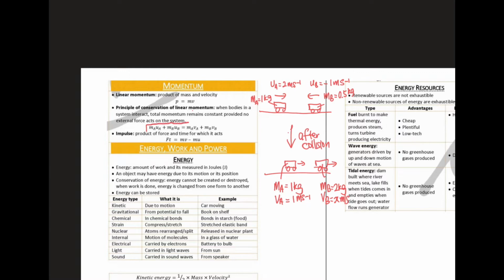This is the formula which comes from the principle of conservation of linear momentum: MAUA plus MBUB equals MAVA plus MBVB.